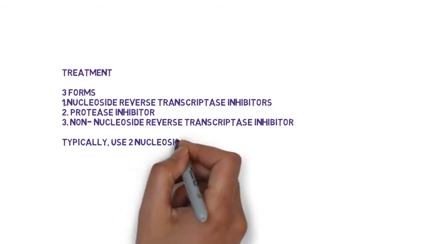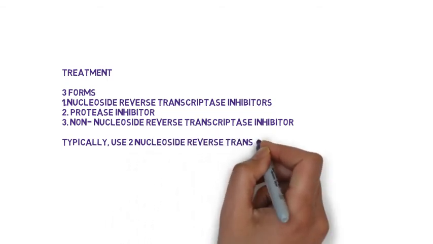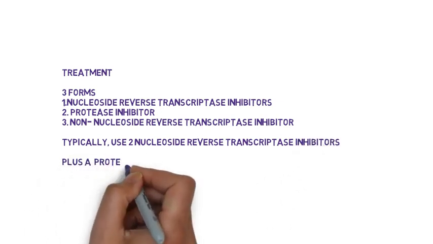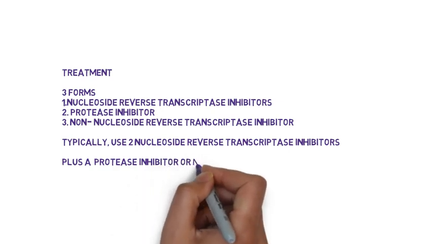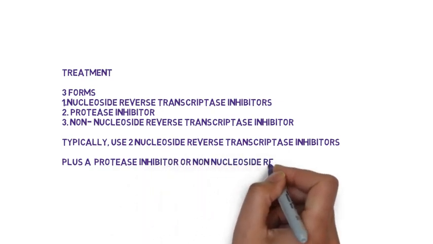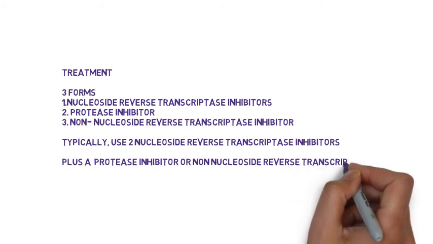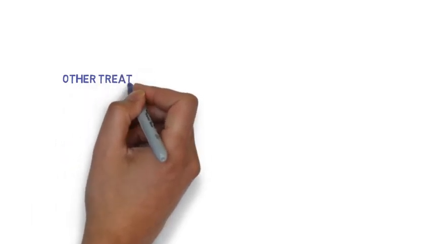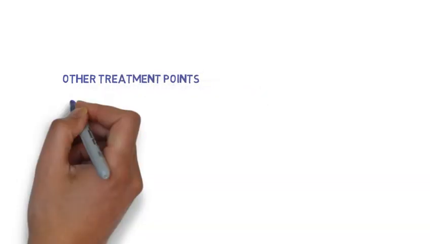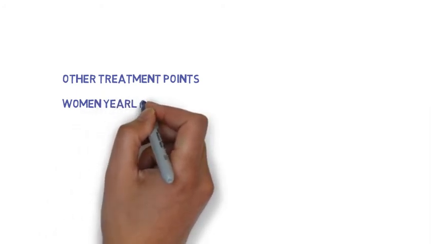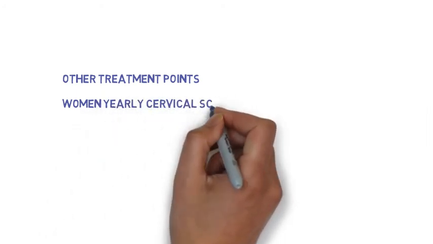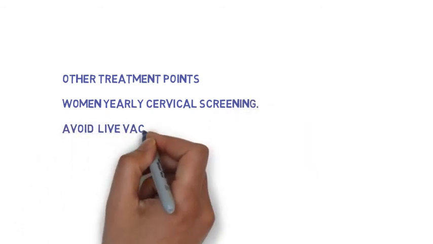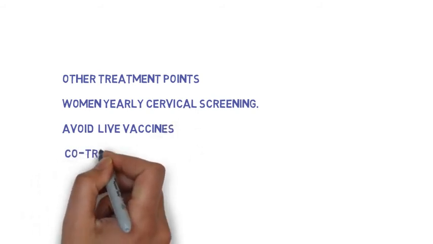It is recommended that in the treatment we use 2 nucleoside reverse transcriptase inhibitors and either a protease inhibitor or a non-nucleoside reverse transcriptase inhibitor. There's also other things that you should talk to patients about who have HIV, such as women who have HIV require yearly cervical screening.